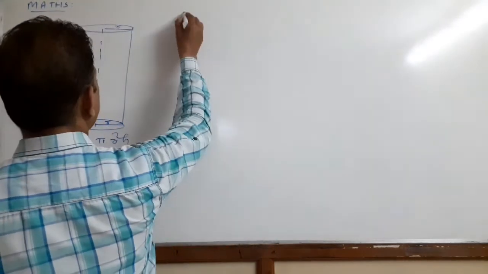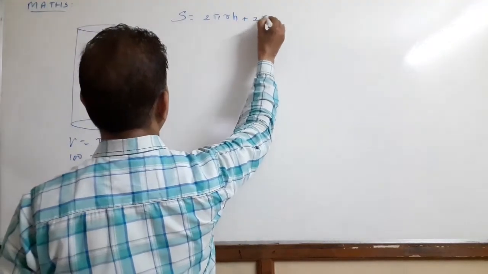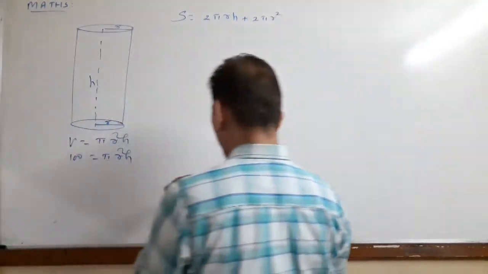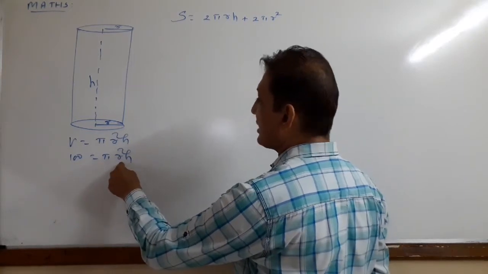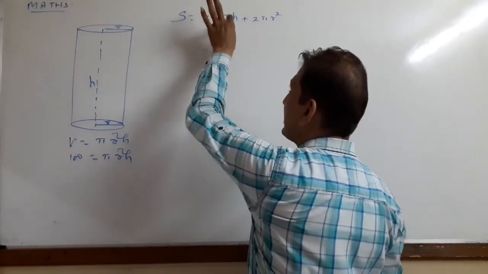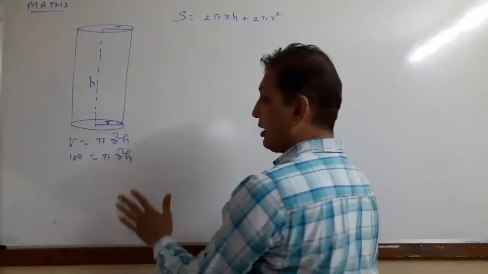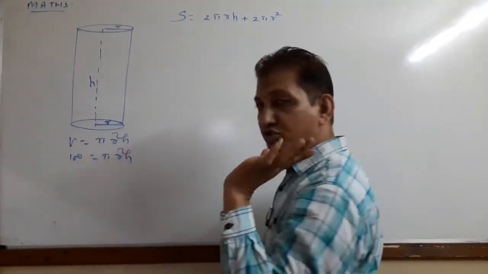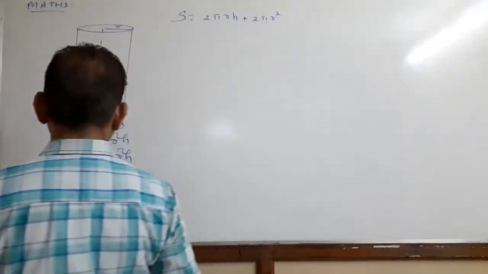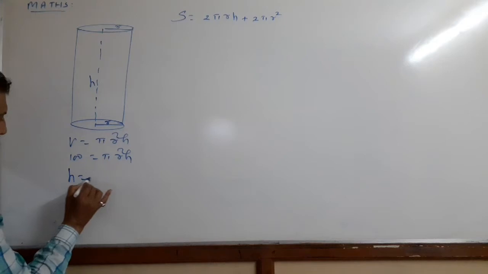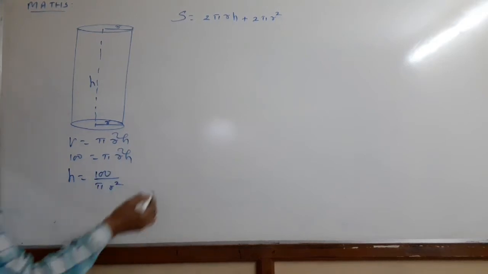Now our surface area is 2 pi rh and 2 pi r square. Suppose we make r square the subject, then we have to take the square root and the function is typical. So we make h the subject, easy, only one place here, right? Therefore h equal to 100 upon pi r square.